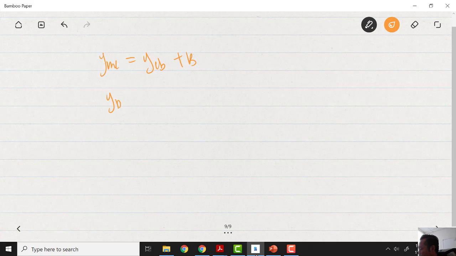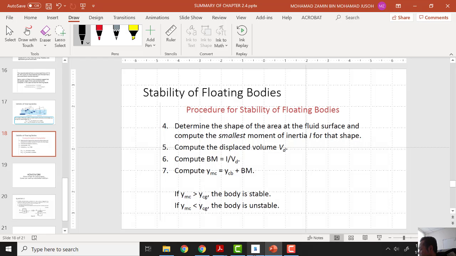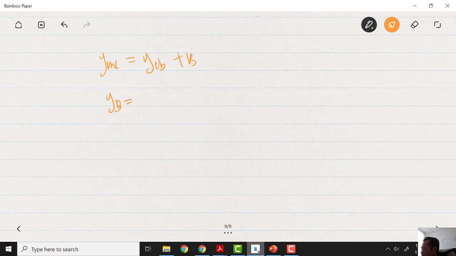YCB is the center of body. So for example, you have a square like this.